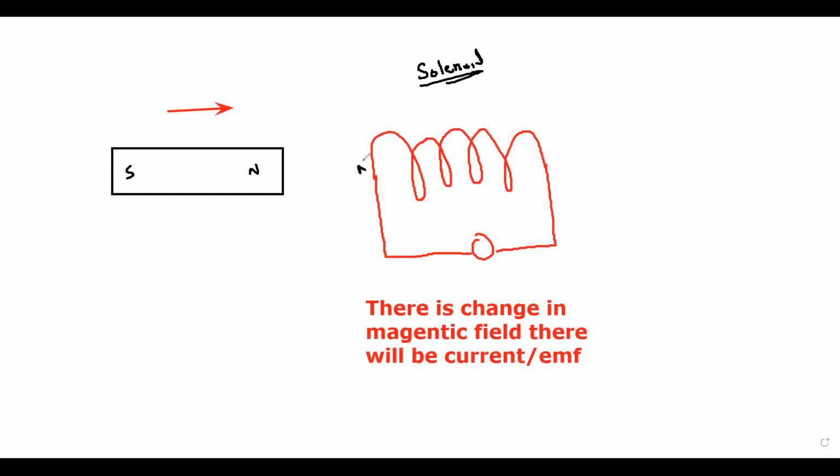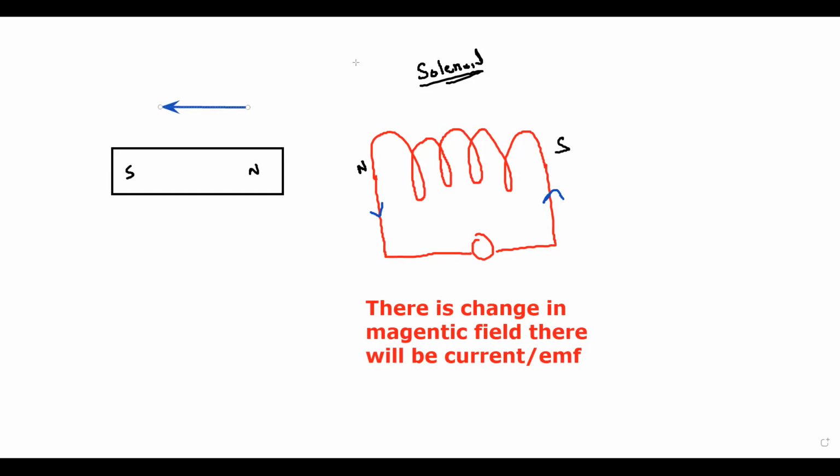So it will have a north pole on the left hand side and south pole on the right hand side. For example, say this was the direction of the current. But the opposite will happen if we move the magnet away from the solenoid.